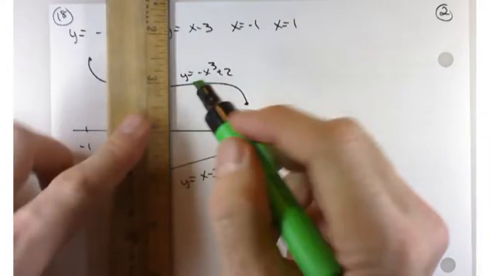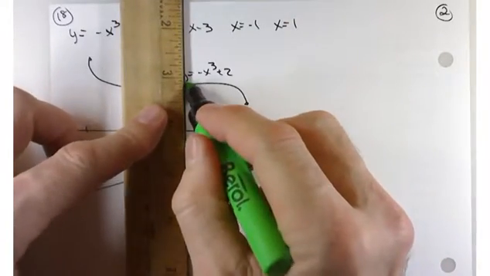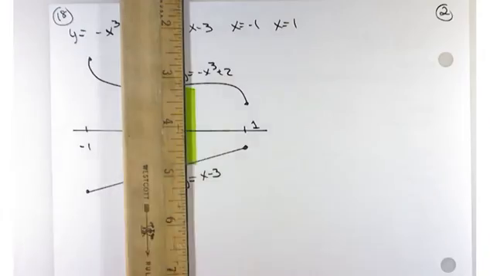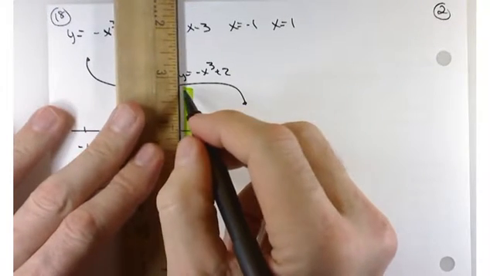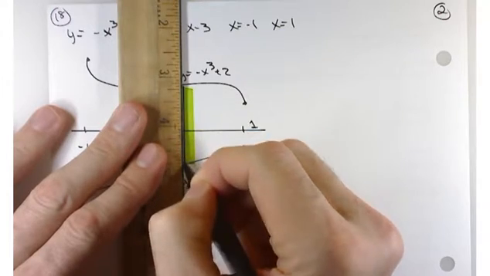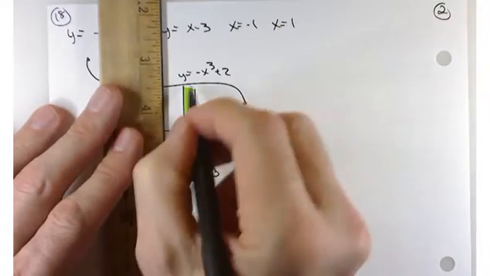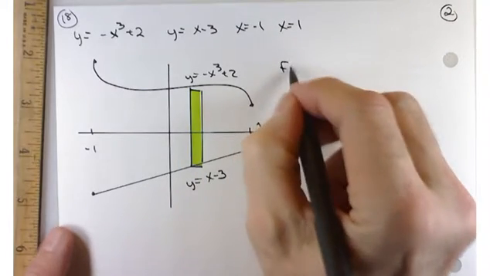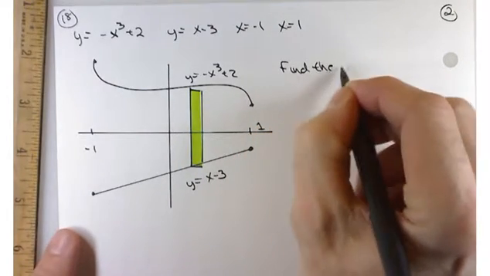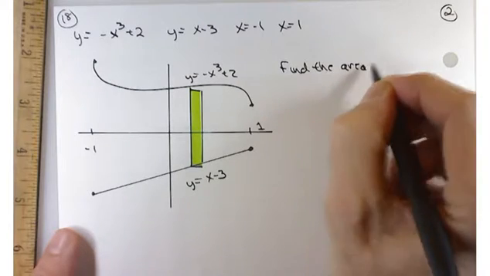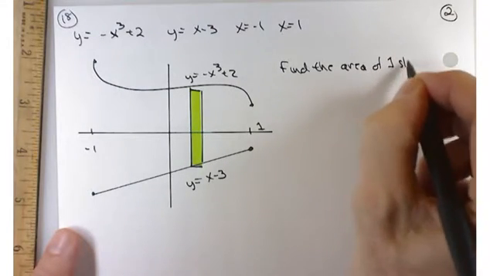As with all of these, we're trying to find the area of one little slice first. And I think you'll see a little bit more of the importance of this with some of the later problems in this section. It's not a bad way to go. Find the area of one slice.